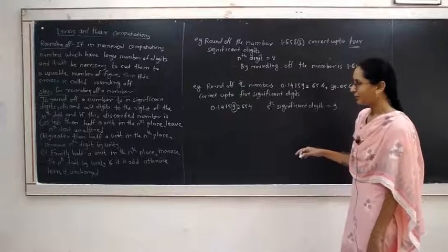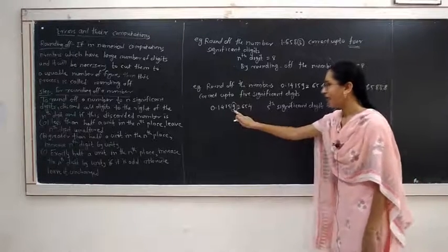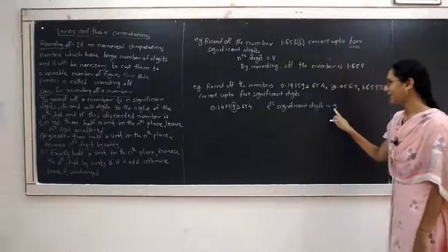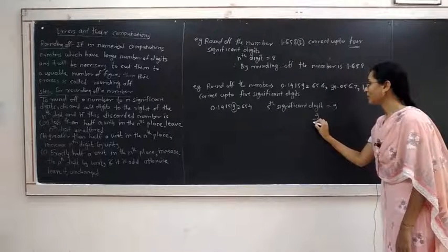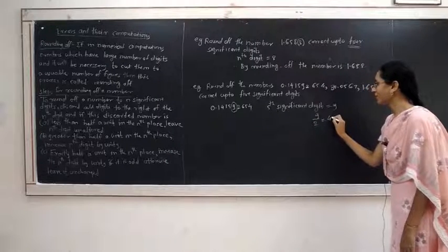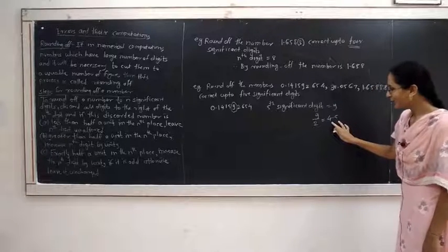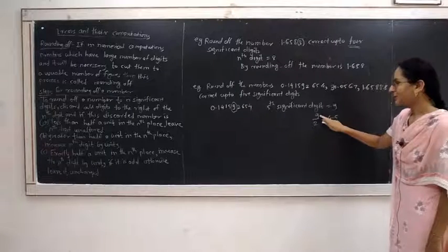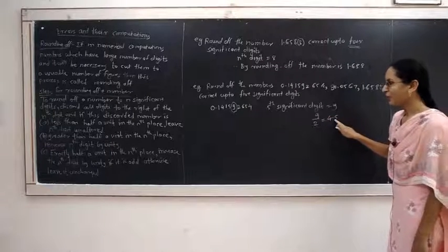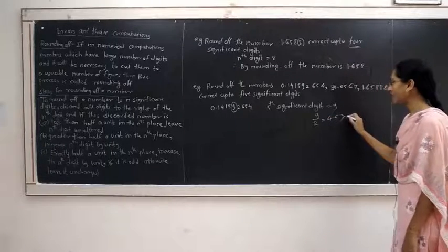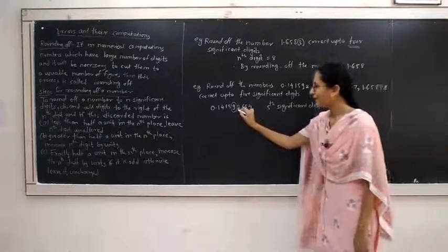After rounding off, firstly half of this nth significant digit, 9 upon 2, will be 4.5, and the half of the unit at the 5th place is given by 4.5, which is greater than the discarded number.